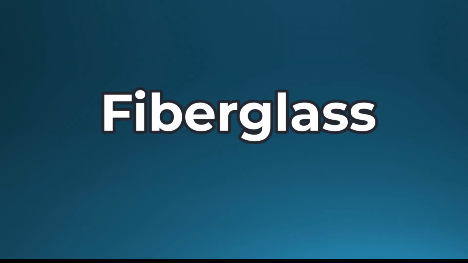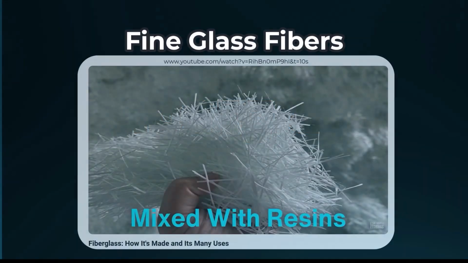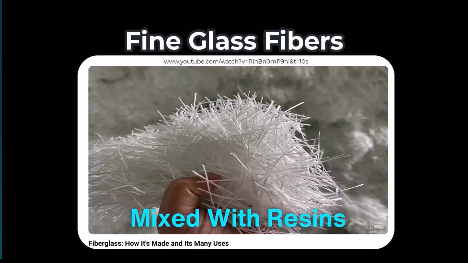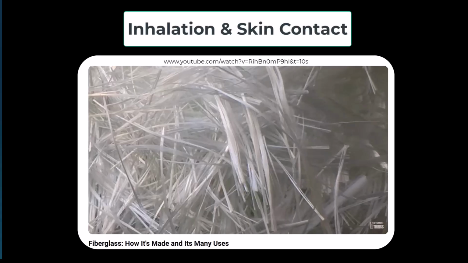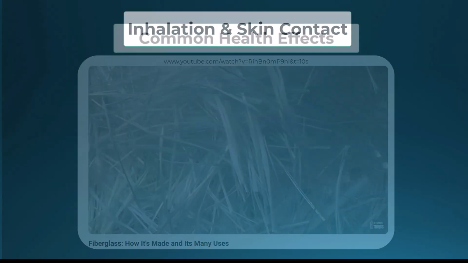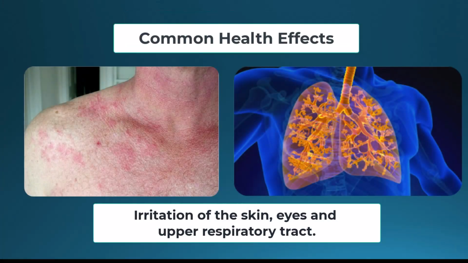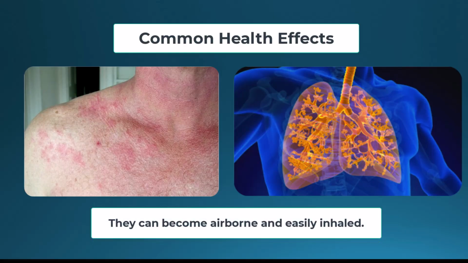The health effects of fiberglass. Fiberglass, a composite material made of fine glass fibers embedded in a resin, poses several health risks, primarily through inhalation and skin contact. The most common health effects involve irritation of the skin, eyes, and upper respiratory tract. When fiberglass particles are disturbed, they can become airborne and easily inhaled.